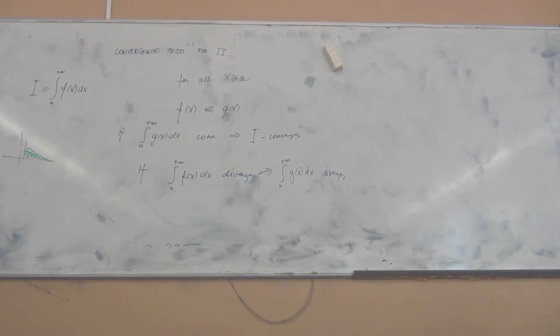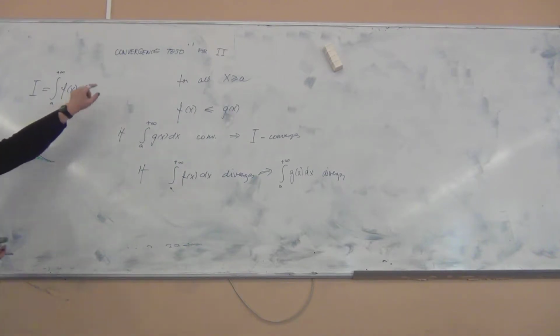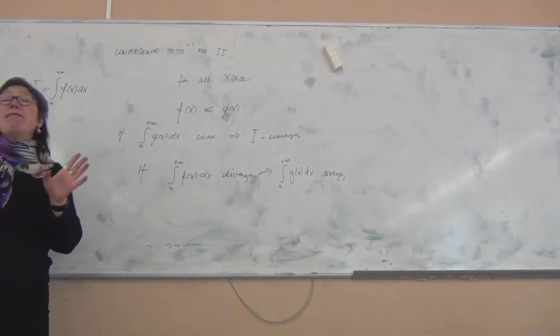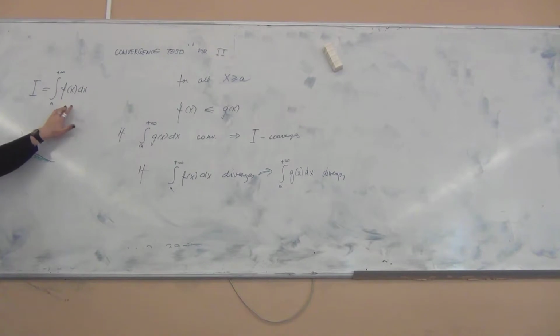Now, the problem is, of course, always, how do we find this other function g? Well, if we have a hunch, a gut feeling that our integral will converge, then we try to find a function that's greater than the given function. If we have a feeling that our integral must diverge, then we should find a function that's less than f of x and show that the integral of that function diverges.